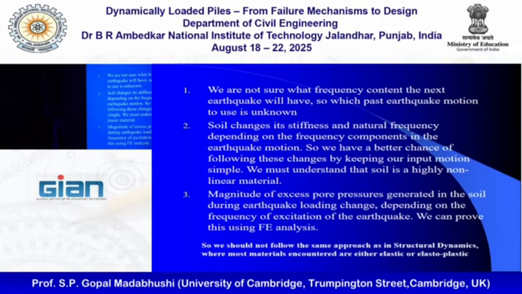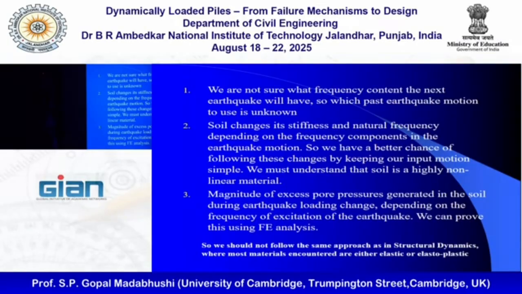So there's no chance of telling you what the frequency content is. So basically, the future earthquakes are always going to have some unknown frequency content. Amplitude, maybe we can guess, but not the frequency content. So is it not better, because we don't know the frequency anyhow, to use the sinusoidal motions? That seems to be a reasonable argument.